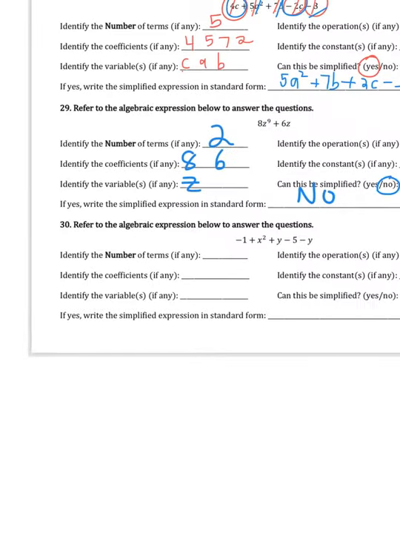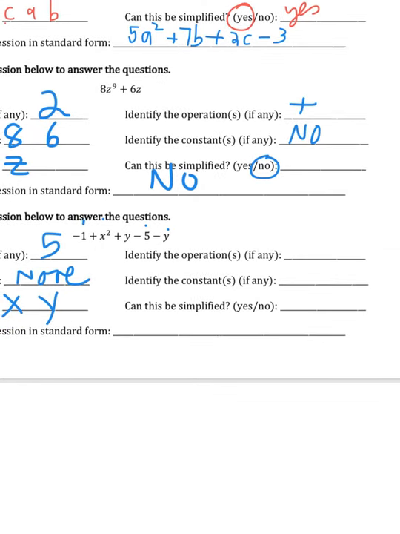Last one. How many terms? 1, 2, 3, 4, 5. Coefficients? None. Variables? X and Y. Operations? Plus, minus. Constants? 1 and 5.